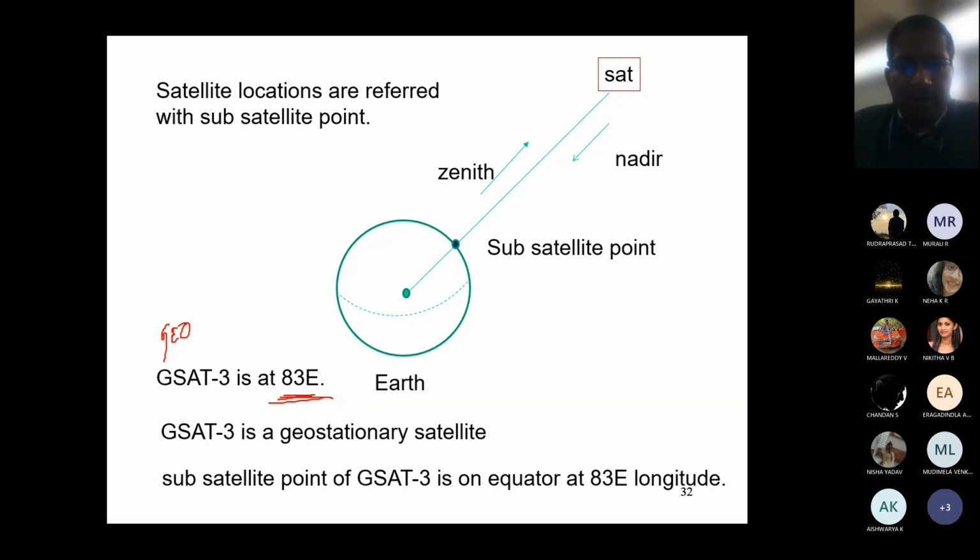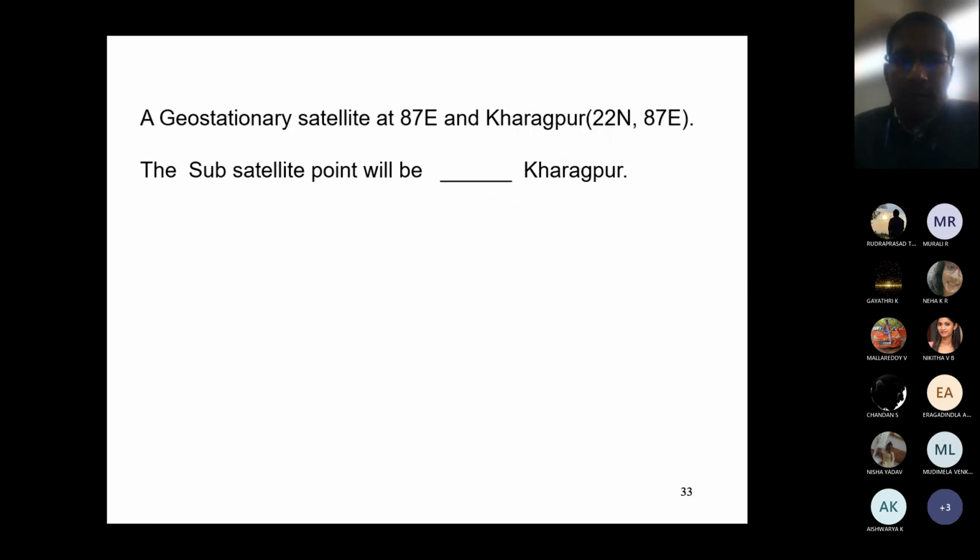Now take an example. It is given that a geostationary satellite is at 87° east and a location is given. Suppose this location is Bengaluru.